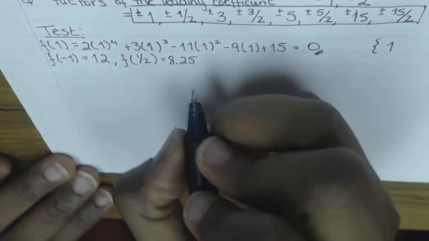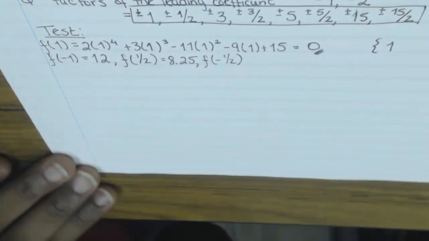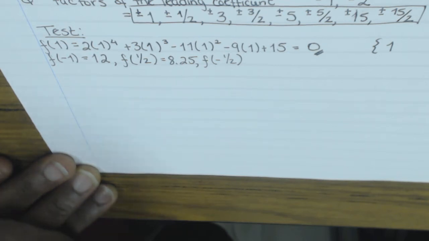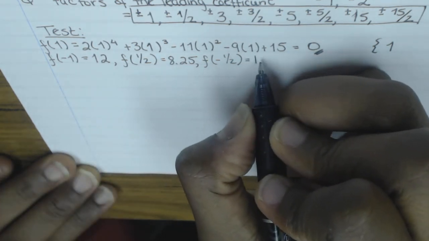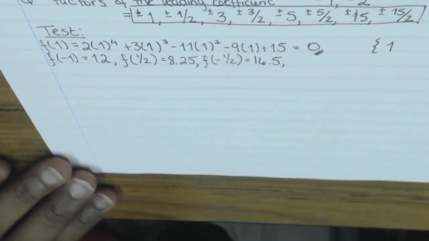That's not 0, so I continue on. F of negative 1/2 gives me about 16.5. That's not 0, so I'm not going to worry about it.